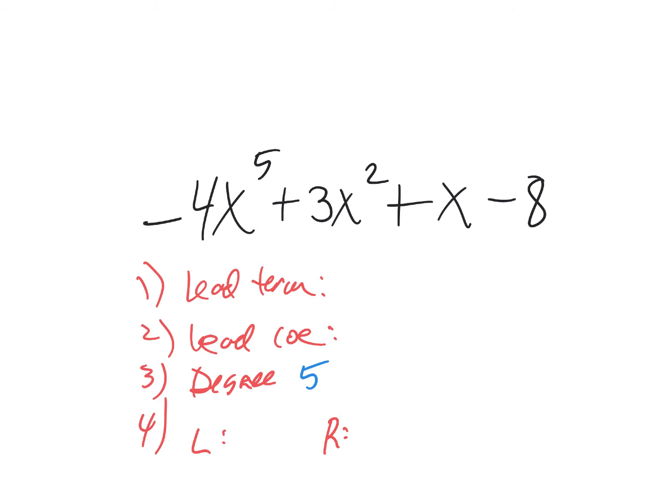Can you tell me the lead term? Negative 4x to the 5th. The whole thing is the term. Very good. Next up, Angelina Fisher. Can you tell me the lead coefficient? Negative 4. Yep.